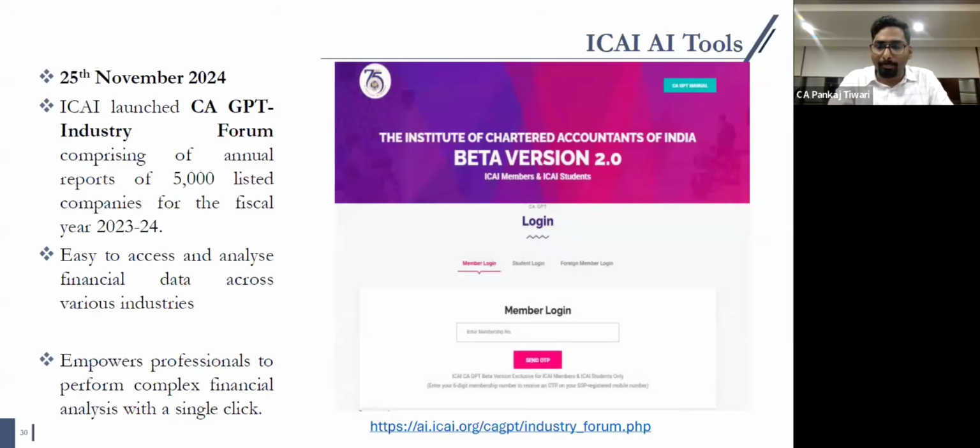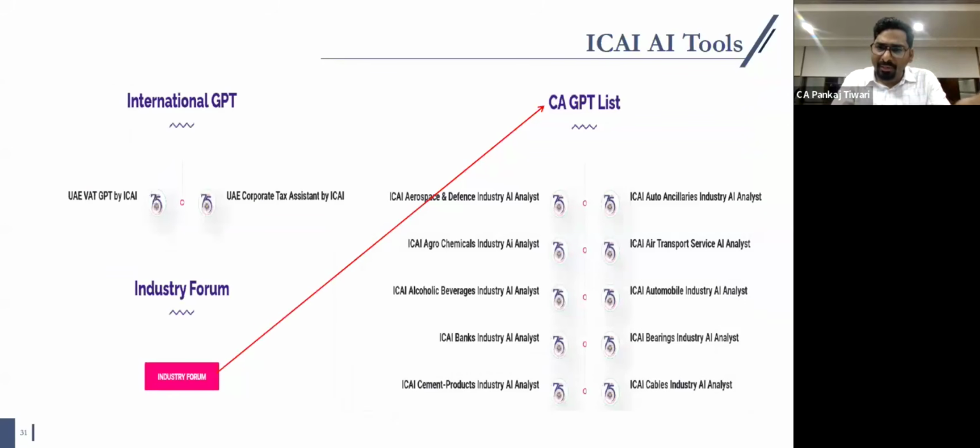You just have to put in your member login, and an OTP will get generated. In the slide, I have put the link. Once you go to the main page after you put your OTP, you have to go to the industry forum, and there you'll get a CA GPT list.